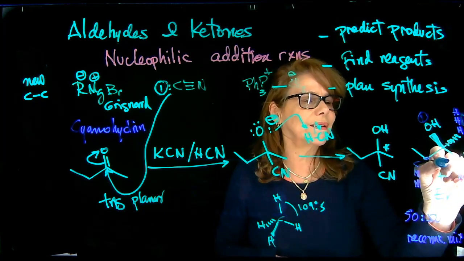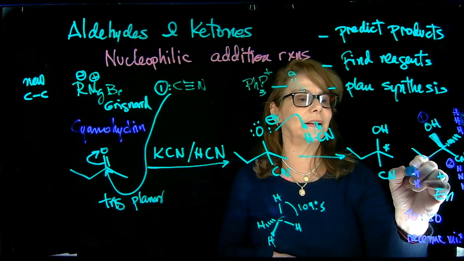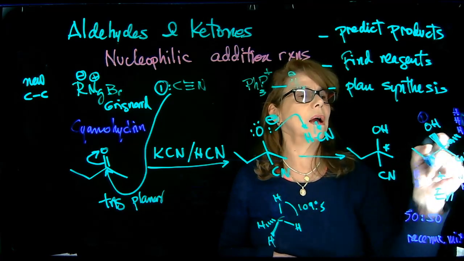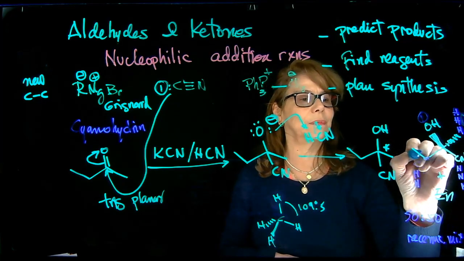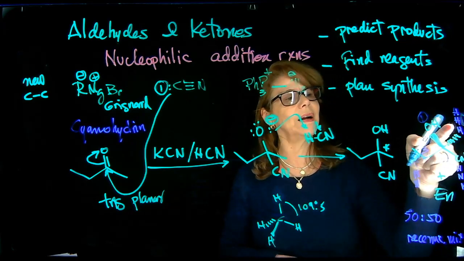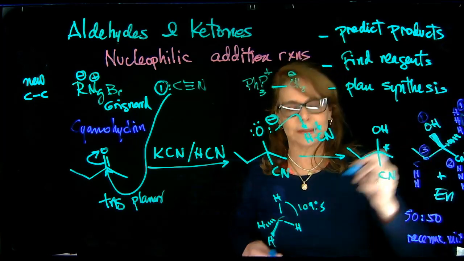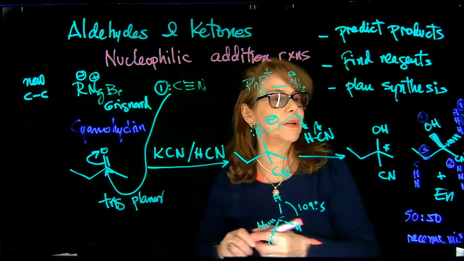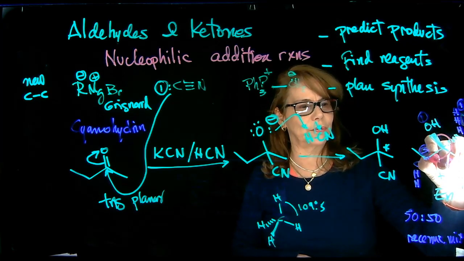So that's my priority 2. My priority 3 is this one, because here I have a carbon that beats the H. My lowest priority is the methyl, so I'm viewing it correctly. So the configuration is 1, 2, and 3.